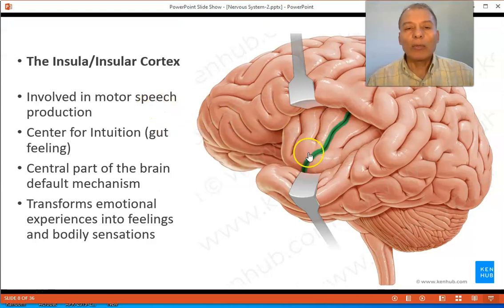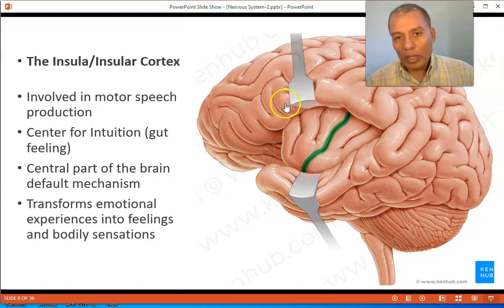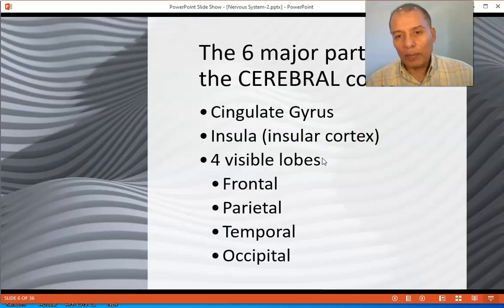So again, it is involved in motor speech production, and it has direct connections with Broca's area right above it. Now, the areas that cover the insula, all of these areas, especially when you put these together.